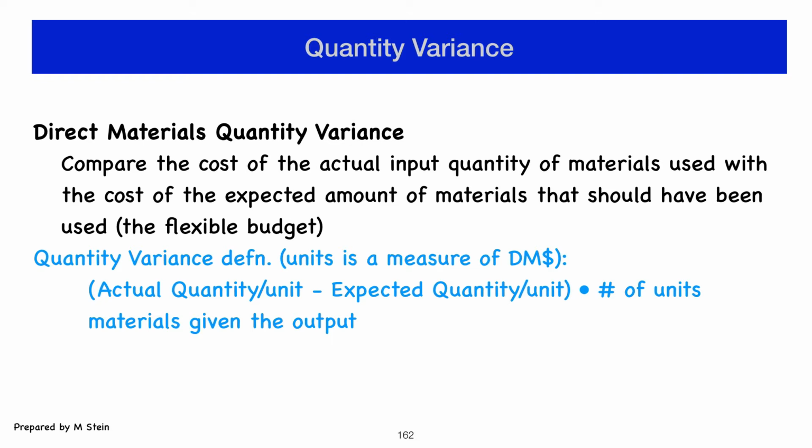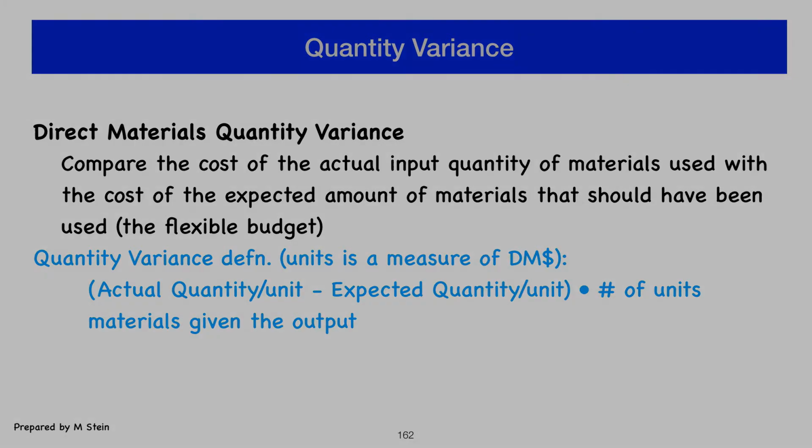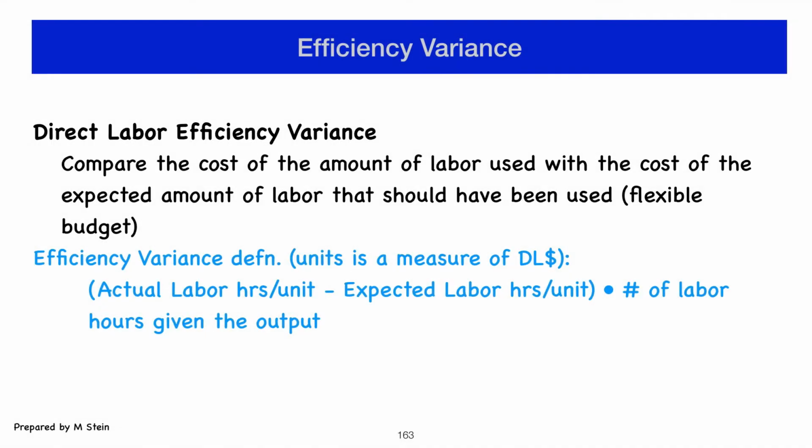This can be a somewhat tricky calculation, and we will go through an example in a few moments. The labor efficiency variance is the actual labor hours per unit of output minus the expected labor hours per unit of output times the amount of labor hours that should have been used given the output produced.